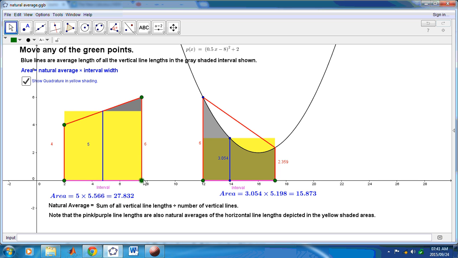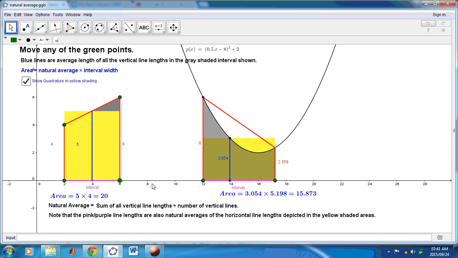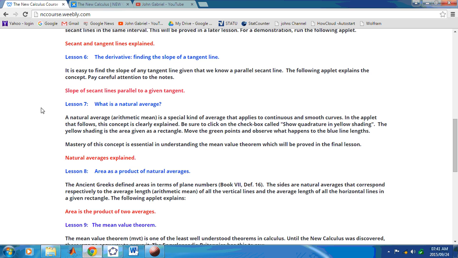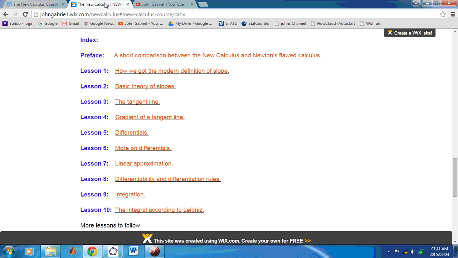So I recommend that you download these applets and also study these lessons. And for those of you who want to go further, Lesson 5, 6, 7 are all a little more advanced than what you've been used to so far in the previous 6 lessons, and I would actually study those articles that you see over there.